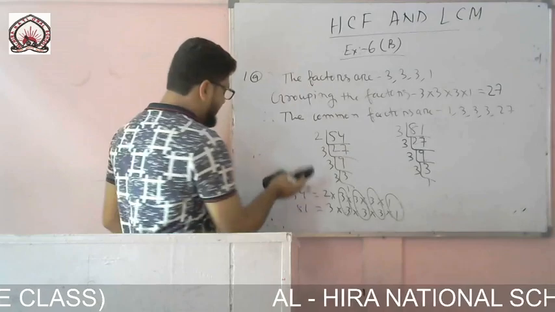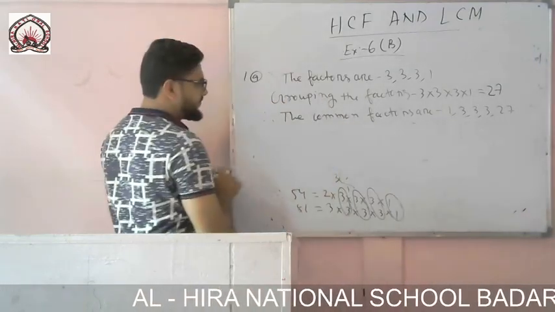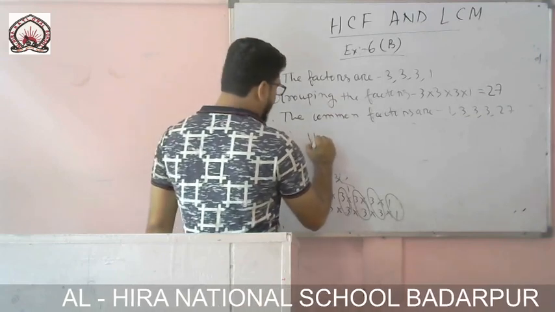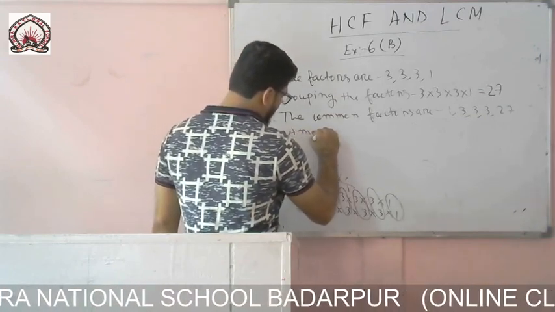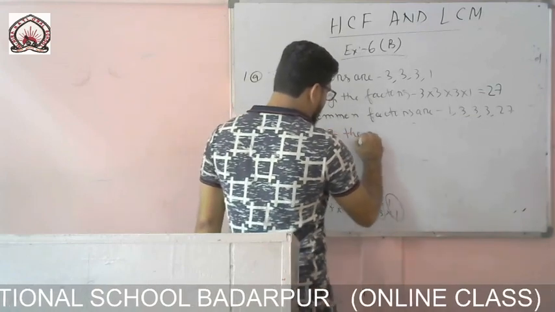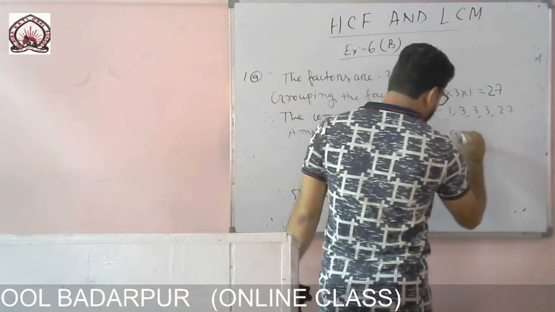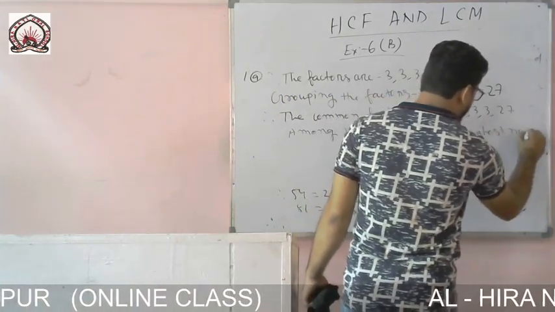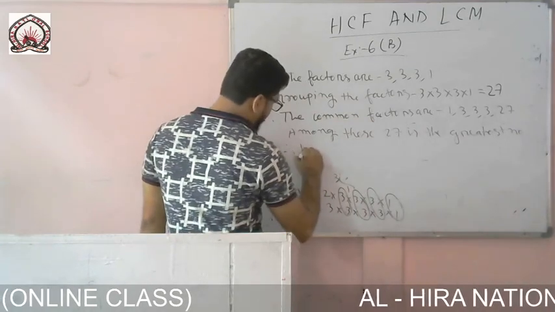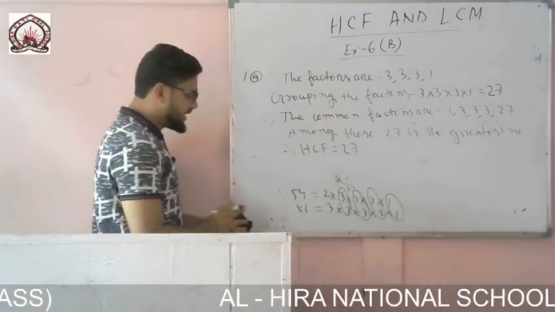So write. Therefore, among these, 27 is the greatest number. Therefore, HCF equals 27.